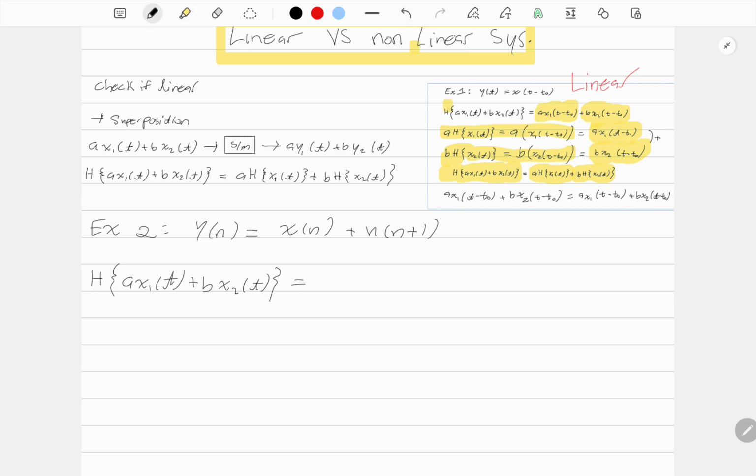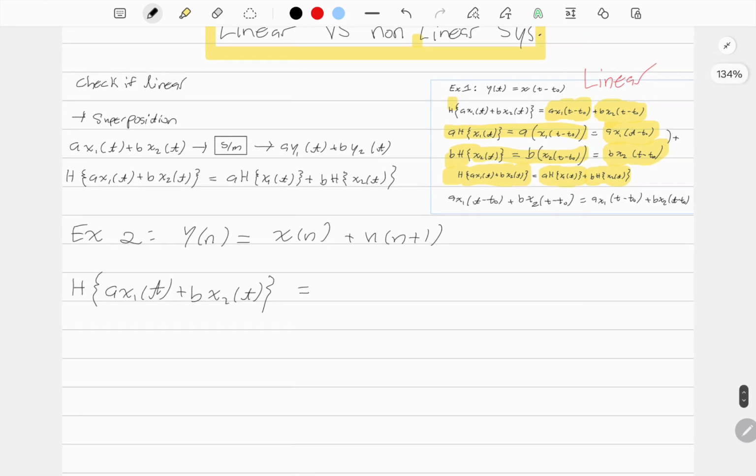And that is equal to, so now I'm going to apply this and this to the system. We could see that for every x of t for this system, or x of n, sorry, we're dealing with discrete time, so for every x of n you see in the system, it gives you an x of n, and then plus a u of n plus 1.